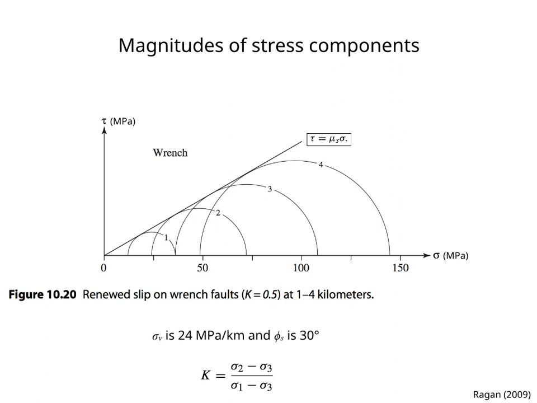In this special case, the magnitude of sigma 2 coincides with the center of the Mohr circle. These results clearly show that the resistance to slip increases with depth for all three types of faults, and that at any given depth, it is the least for normal faults, and the greatest for thrust faults.